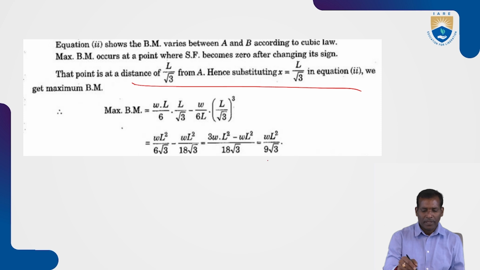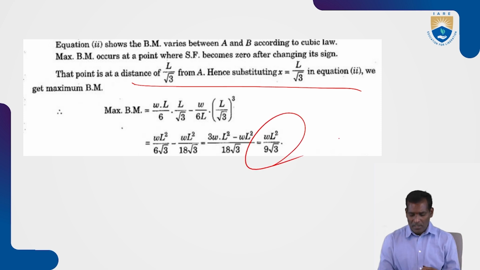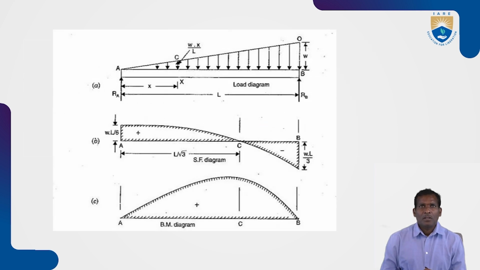You can see that the shear force and bending moment diagrams are drawn like this. RA is WL by 6, which we have calculated, and RB is WL by 3.